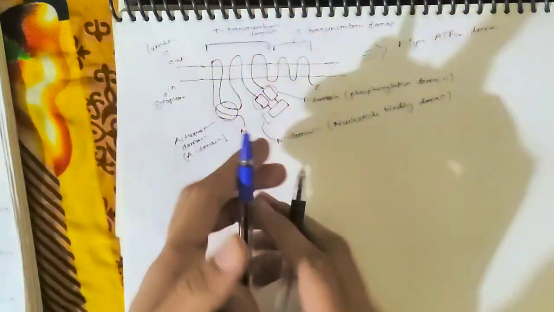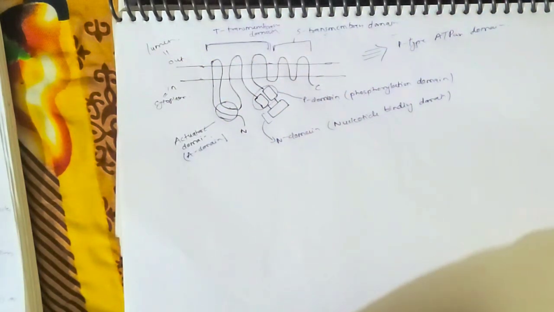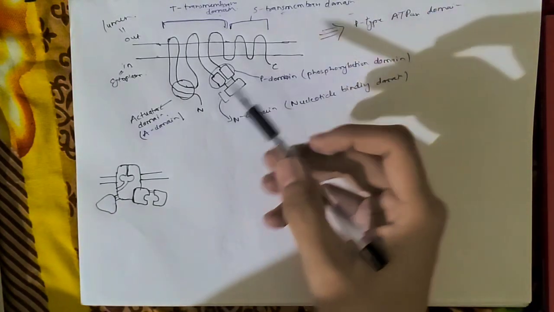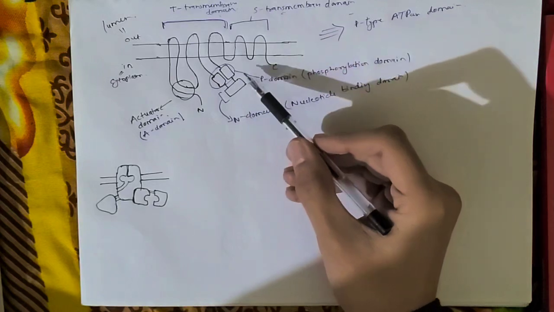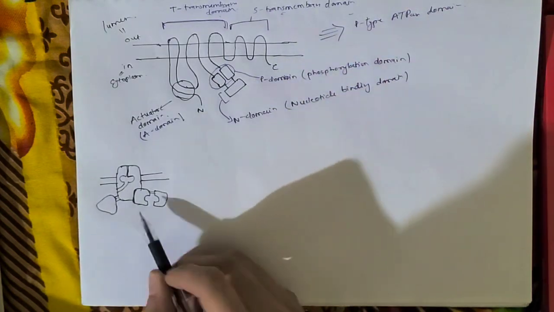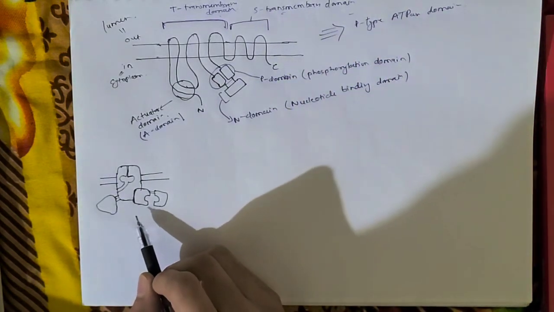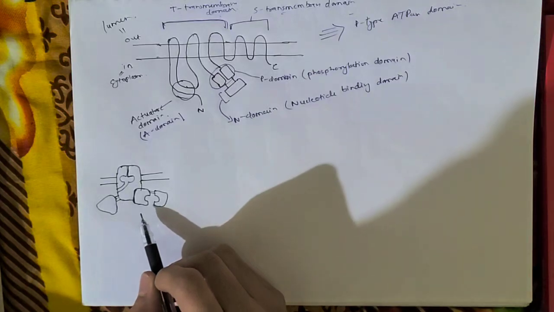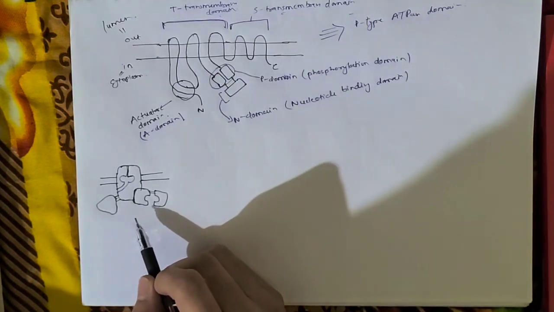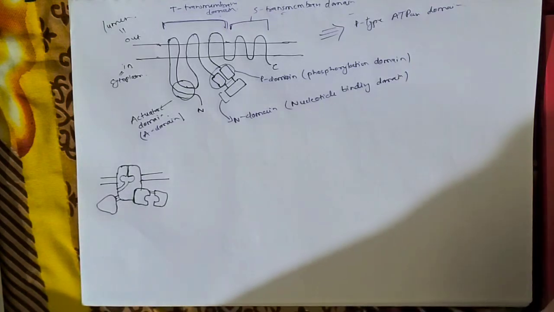Now let's start discussing how the conformational changes occur and how it performs its function, and what part of SERCA is responsible for what kind of function. Rather than using this complex diagram, I will just change it into a somewhat cartoonish or simpler structure to understand the conformational changes that occur and the whole process of transportation of calcium by the SERCA.